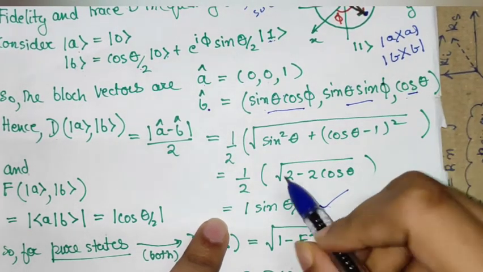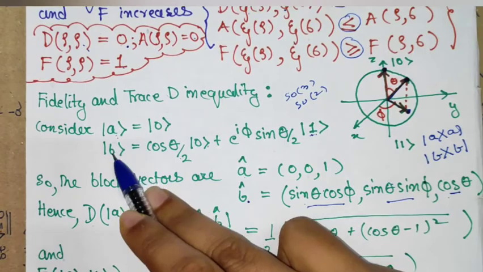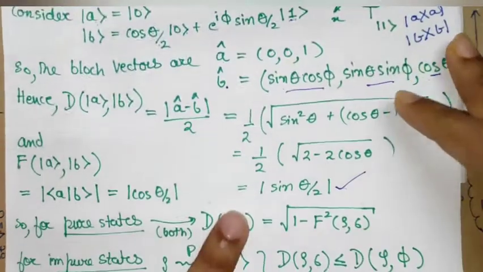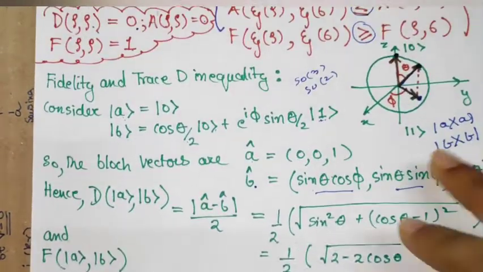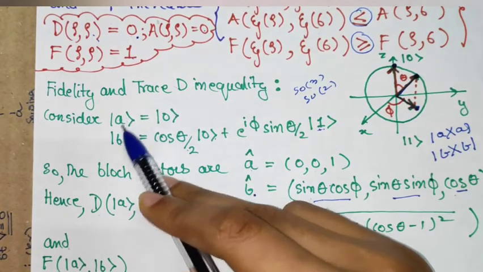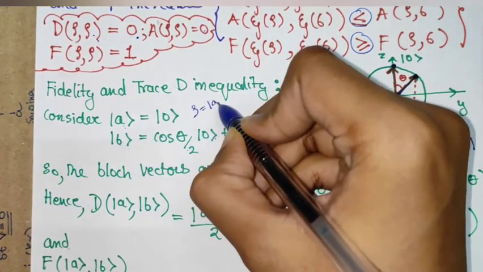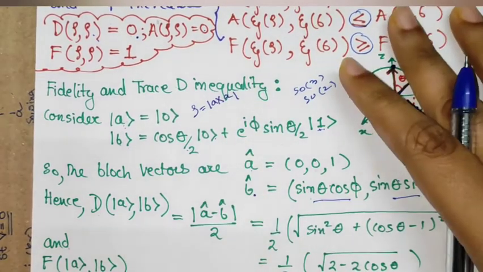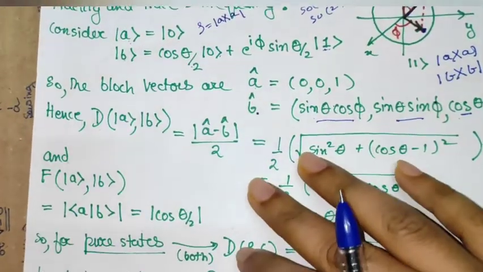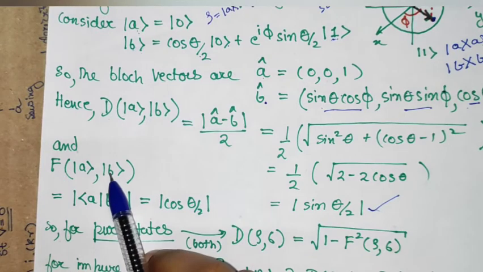So this is for two pure states. A and B are pure states. By definition, because A and B are pure, rho is A times A, like this. Now let's move on. Similarly, we can find the fidelity.